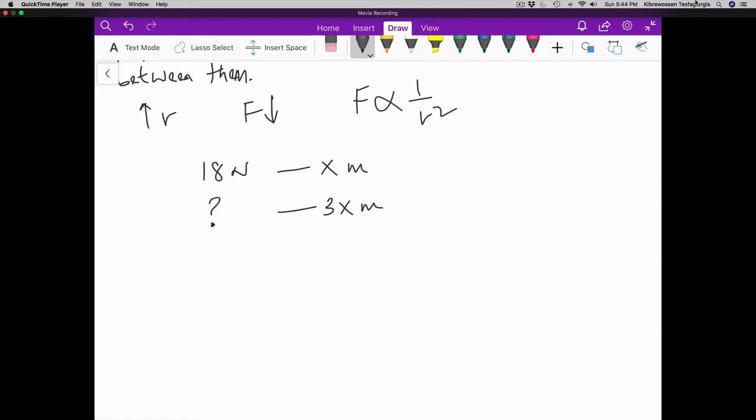If it's an inverse relationship, you have 18 Newton when the force relationship is an inverse square, so that means 1 over x squared. So now the force that you are trying to find is 1 over 3x squared.